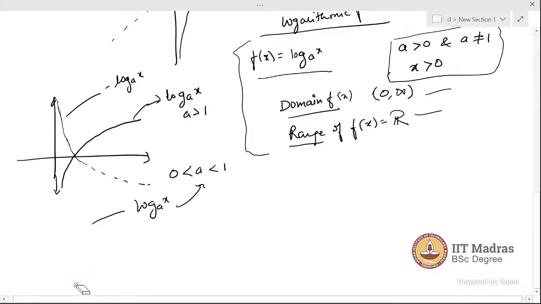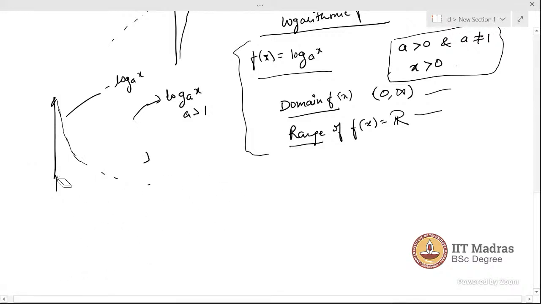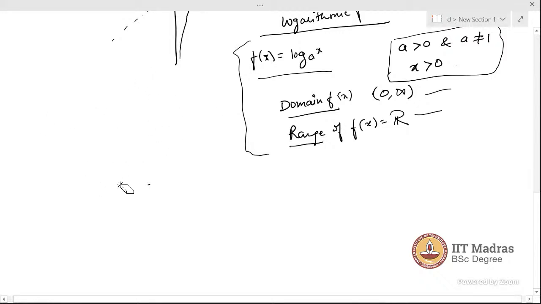Now let's discuss some of the properties of logarithmic functions. These properties will be helpful for solving your problems ahead. Sir, will we be doing the activity also? What I thought was that most of you don't know the things, so I thought I'll build up the things and give my own questions here.